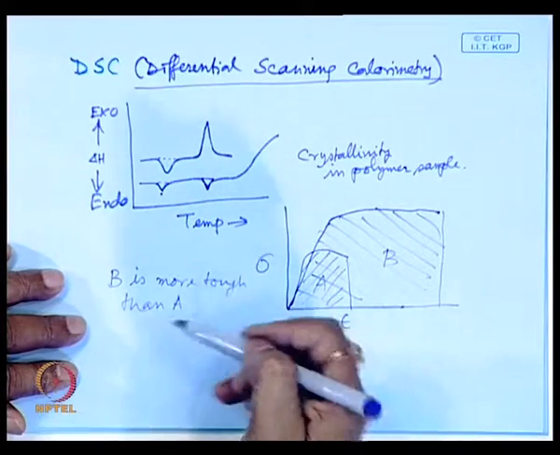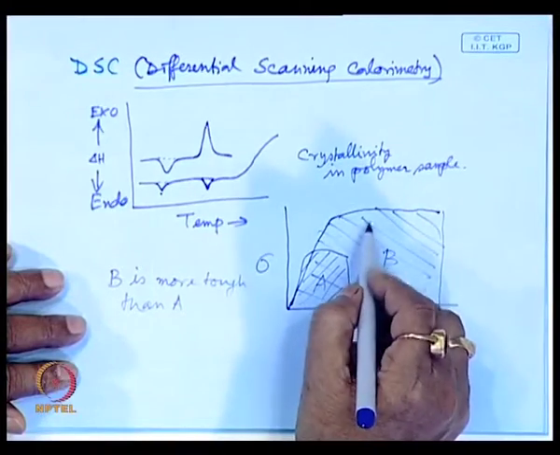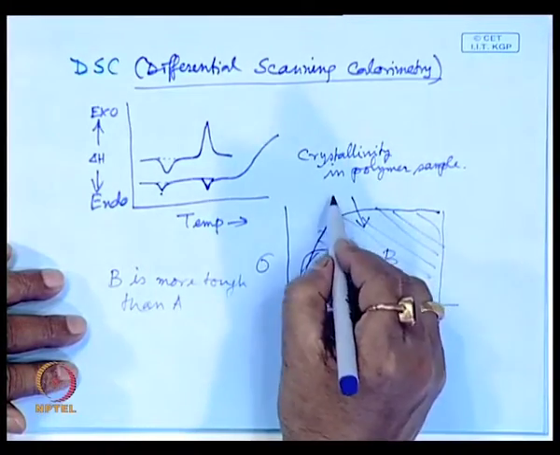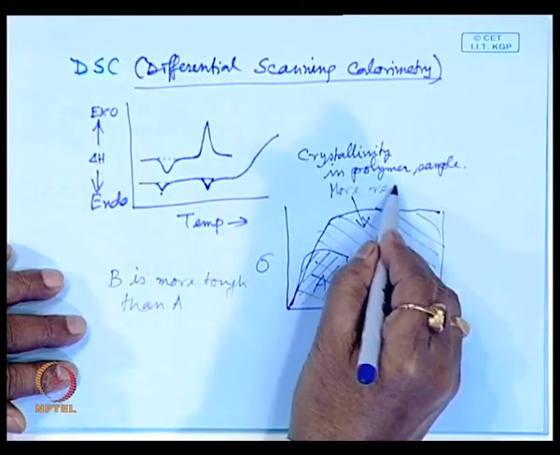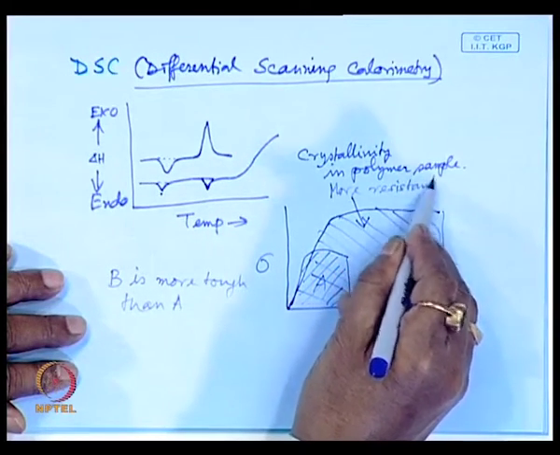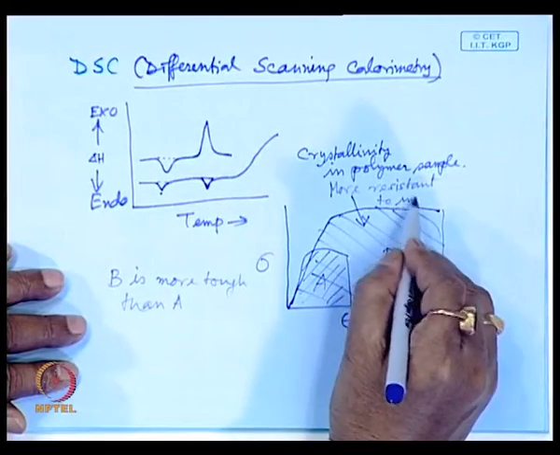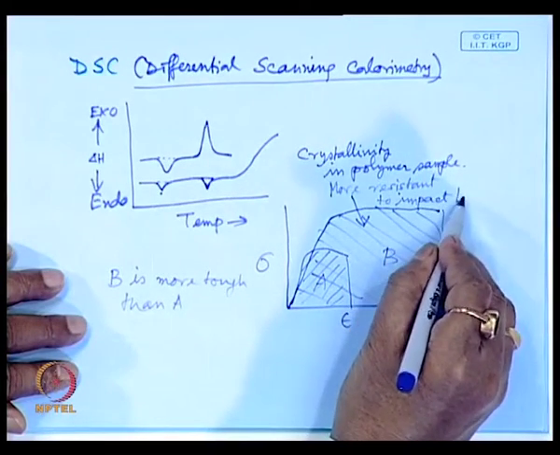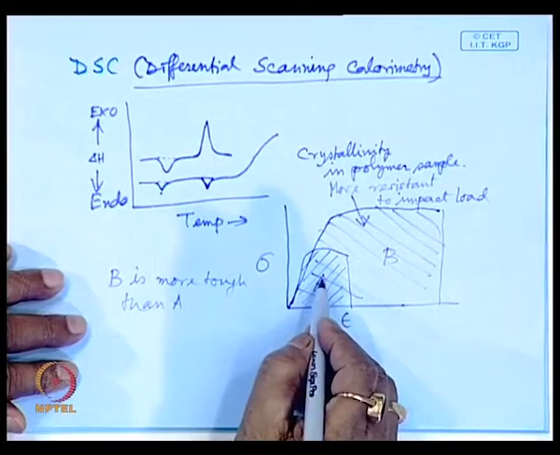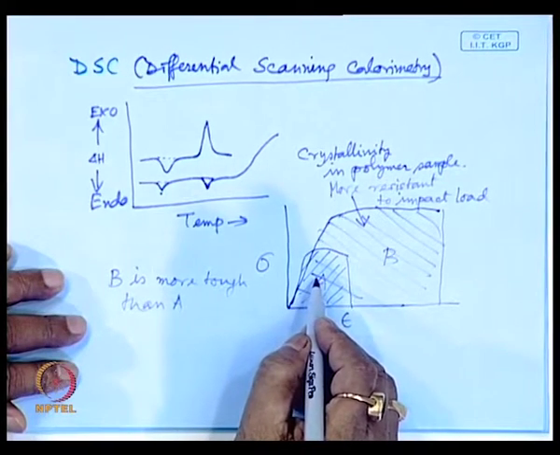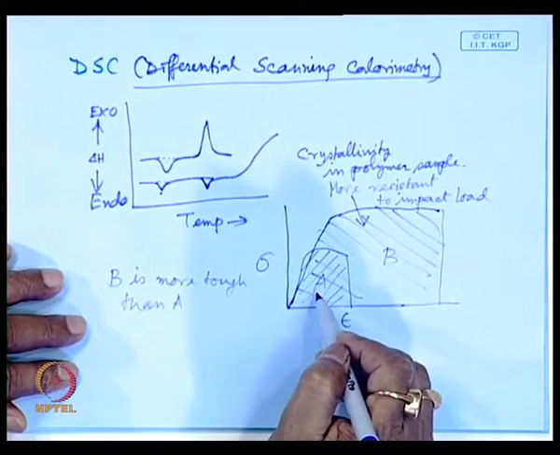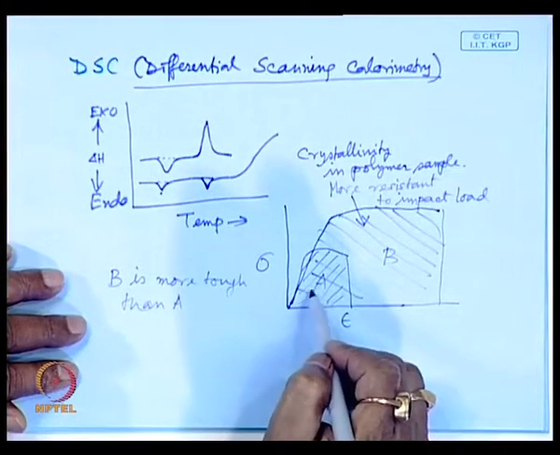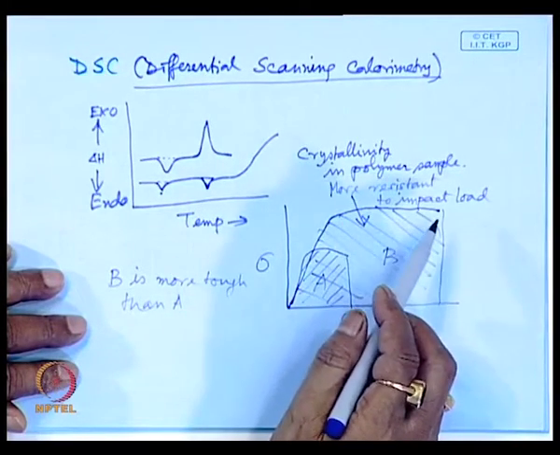That means it can withstand more stress and absorb energy before failure. So, this material will be more resistant to impact load, whereas this will be less resistant to impact load. So, this is tougher than this one. This toughness depends on the stress level as well as the deformation level.